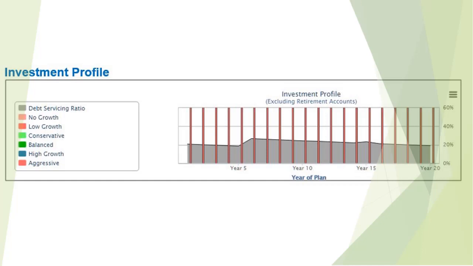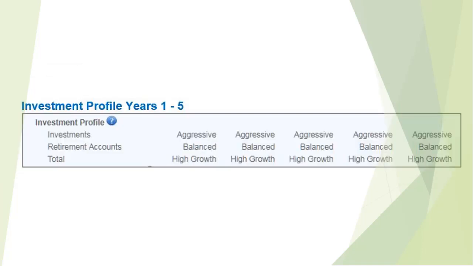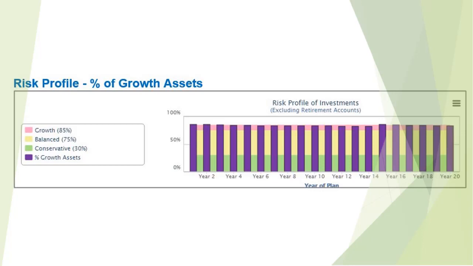On the plan outcomes, the only graph is for the investment profile for investments excluding retirement accounts. However, the data view displays both the investments and retirement accounts together with the combined total. The risk profile displays the percentage of growth assets for each year. This graph is modelled on the ASIC Money Smart graph.